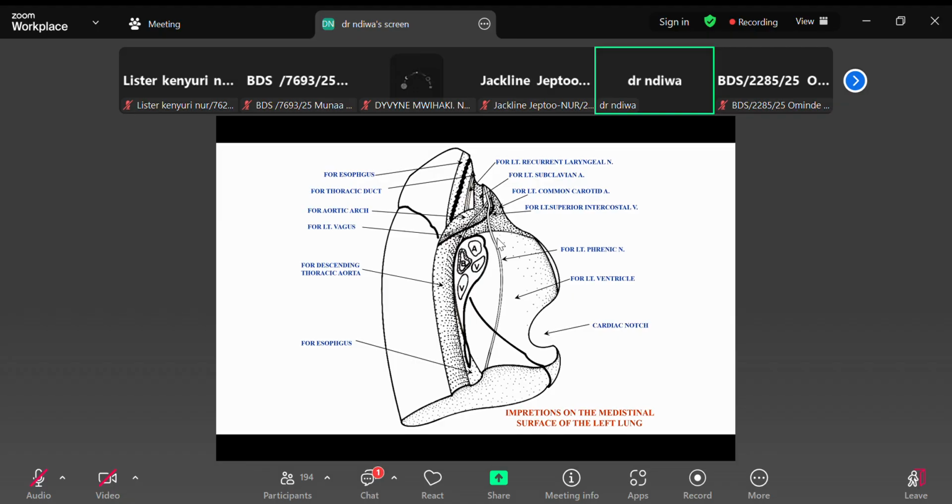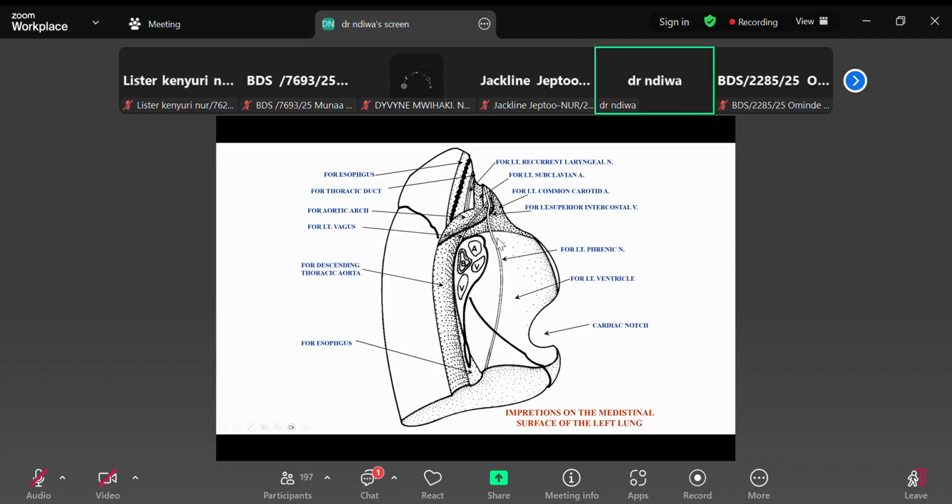So when you look at the impressions on the mediastinal surface of the left lung, from up there, you will have a place for the esophagus, and then a place for the thoracic duct, and then the left recurrent laryngeal nerve, then a space for the subclavian artery, and then a space for the left common carotid artery, and then the space for the left superior intercostal vein, all of them here.